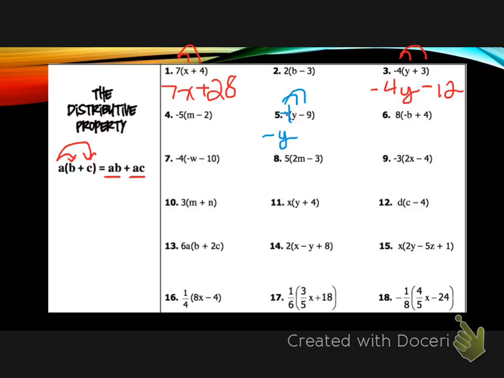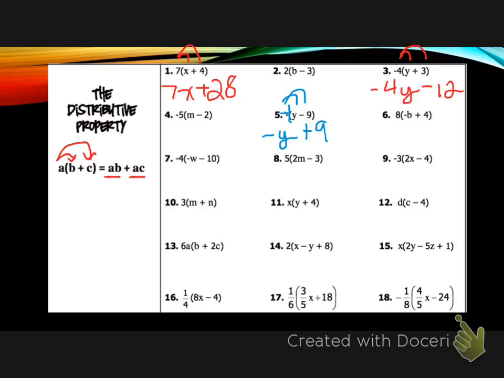Remember that sign goes with it. So that's a negative 1 times a negative 9, which is going to give you a positive 9. So you've got negative y plus 9. If it's easier for you to write the plus and the minus to do the keep change switch, you can do that, if that helps you realize that. The keep change switch, so that everything's addition.